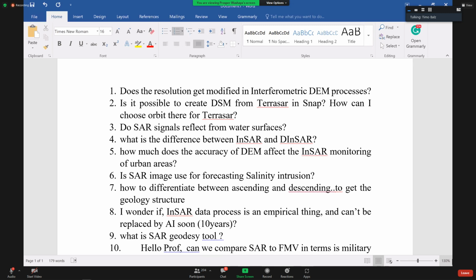InSAR is also the larger term, so DInSAR would be a part of InSAR. But to make it simple, we use InSAR to create a DEM and DInSAR to look at motion. Okay, so DInSAR for motion, InSAR for DEM.